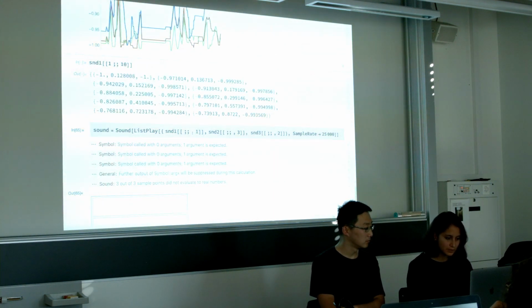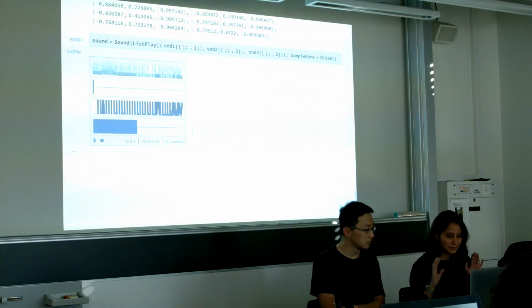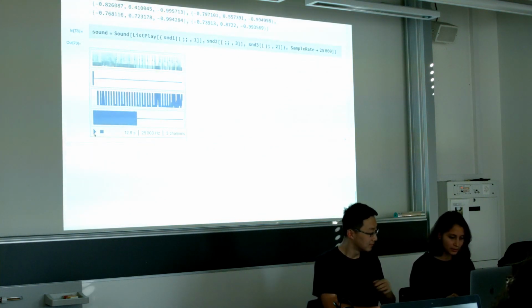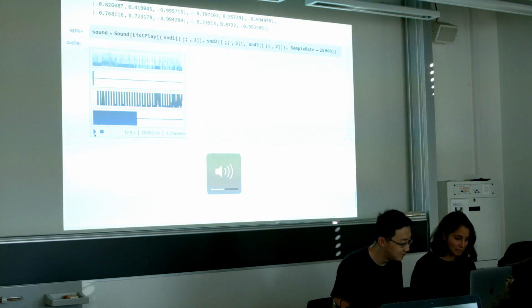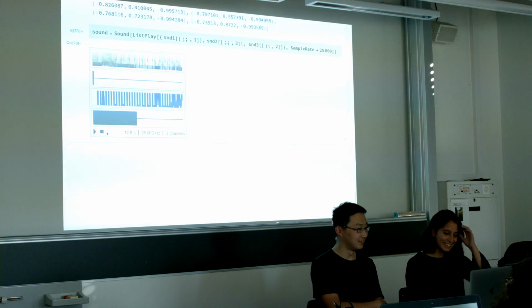I'm being fast because we have to finish. But if you have any problem or any question, just write us. I will show you that it's actually sound. Okay, like that. So you transform the images into sound.